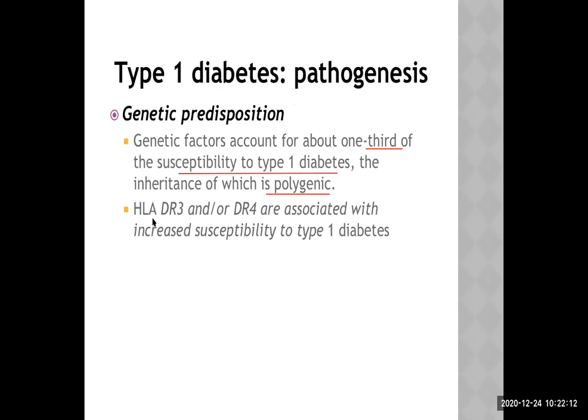When they analyze, HLA-DR3 and HLA-DR4 are associated with increased susceptibility to type 1 diabetes. So there is a role of genetic susceptibility or predisposition as well. But only this may not cause type 1 diabetes. There has to be interaction between this susceptibility and the role of autoimmunity.